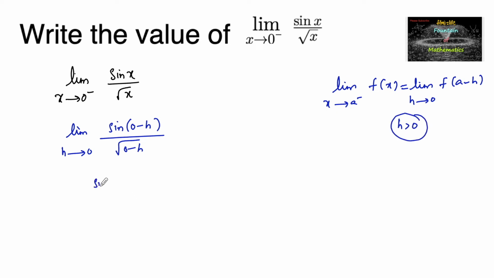So we can write sin of minus h. Limit h tends to 0, sin of minus h is minus sin h upon square root of minus h. Since h is positive, minus h is negative, so root over minus h is not defined in real numbers.